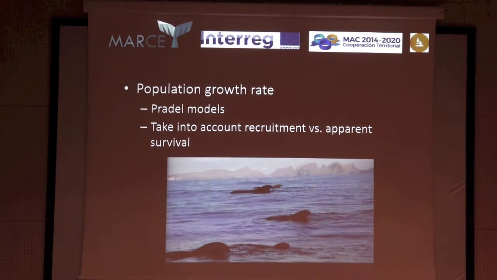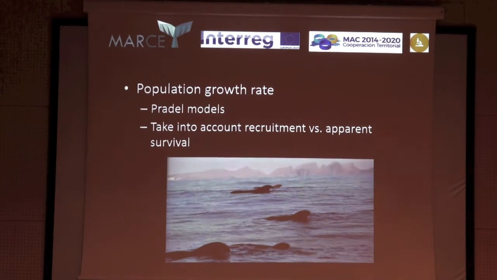So another interesting parameter is the population growth rate. If we just say that, we understand that it's just a population that is getting more individuals or fewer individuals. But what is interesting with those models is that it doesn't just look at the number of individuals, it actually looks at the recruitment, so how many new individuals came into your population, and it will subtract the apparent survival from those new individuals, so you have this balance between the two.